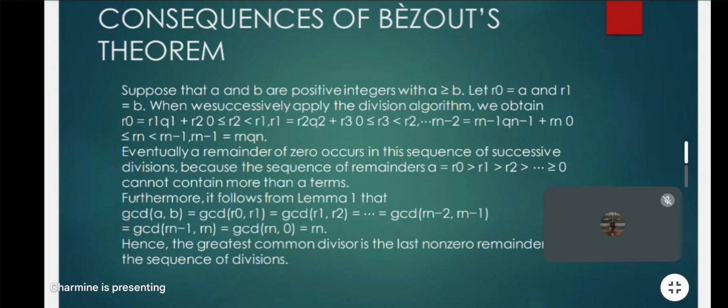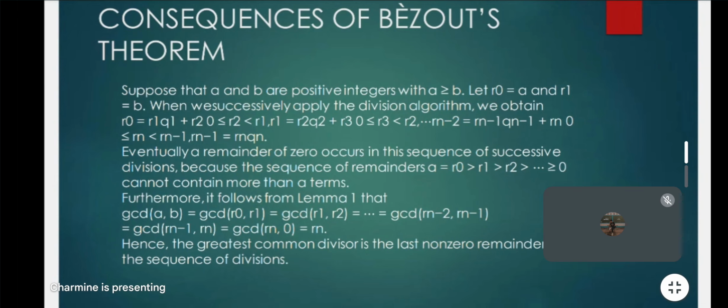Eventually, a remainder of 0 occurs in the sequence of successive divisions because the sequence of remainders A equals r0 greater than r1 greater than r2 greater than 0 cannot contain more than A terms.